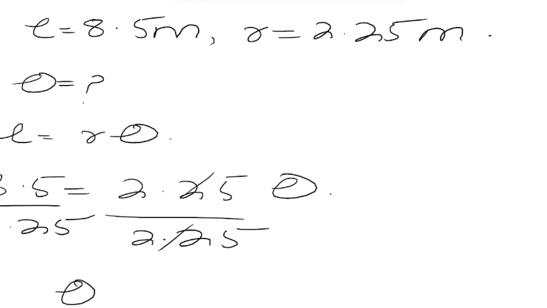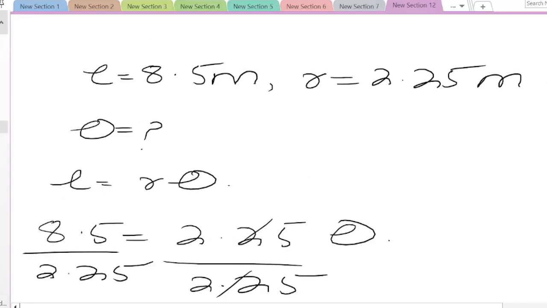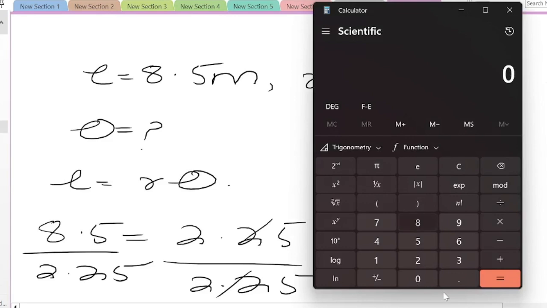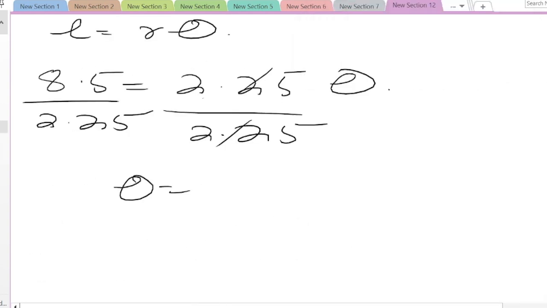These both get cancelled, so theta will be 8.5 divided by 2.25. Let's divide 8.5 by 2.25. So we get 3.77. So we can write theta is equal to 3.77.